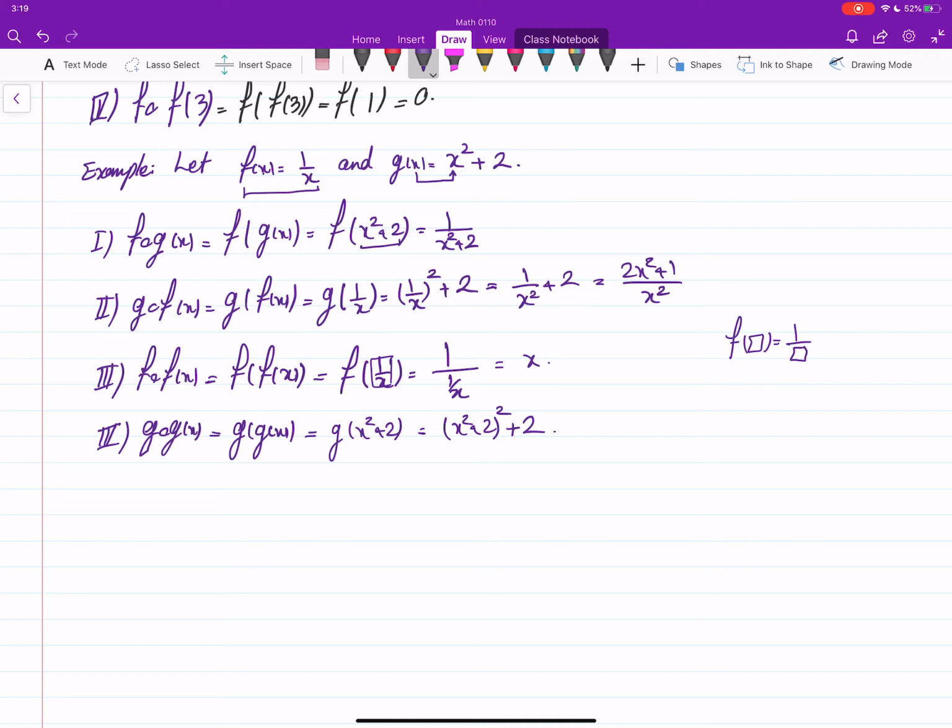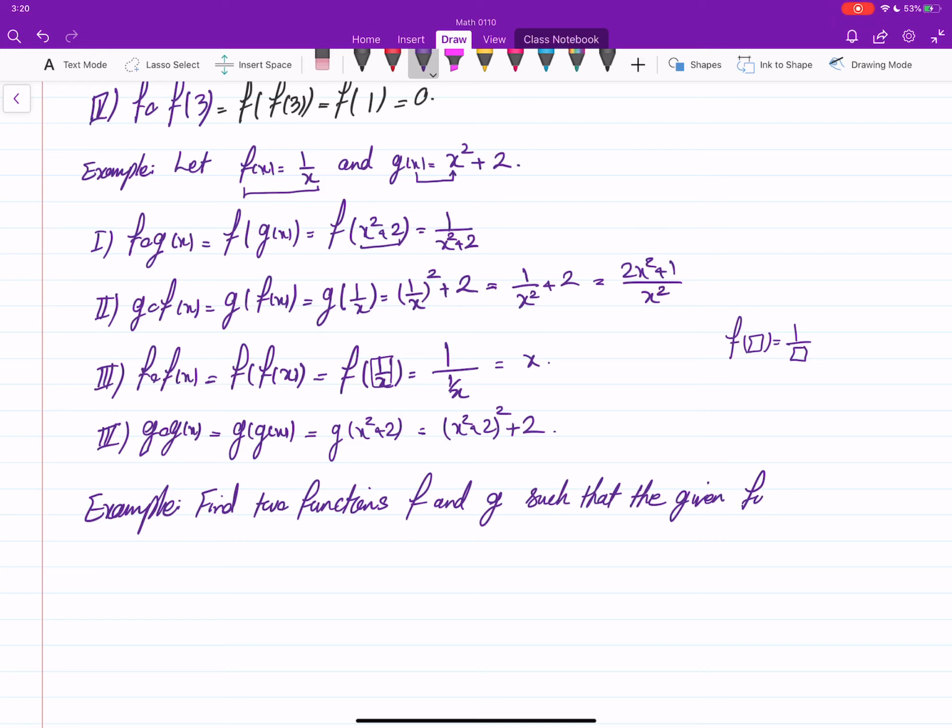Well, you have to not only know how to find the composition, you also need to sometimes do the other way around, kind of decompose this thing. So, example: find two functions f and g such that the given function is f o g of x.